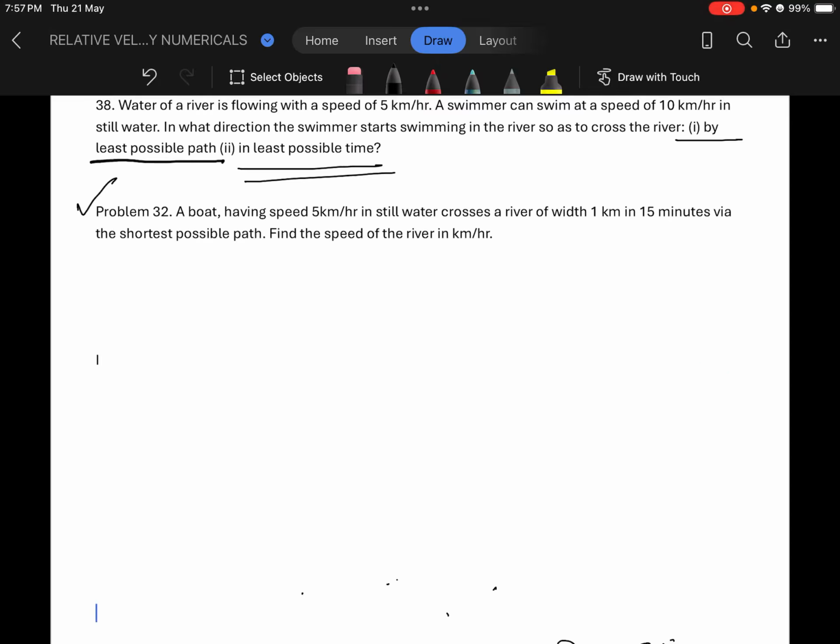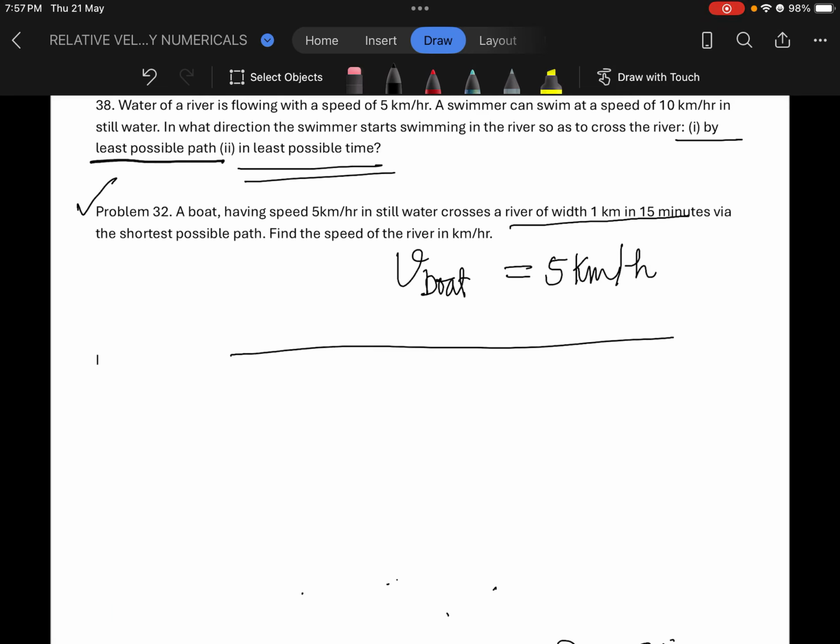A boat having speed 5 km per hour in still water, crosses a river of 1 km in 15 minutes via the shortest possible path.